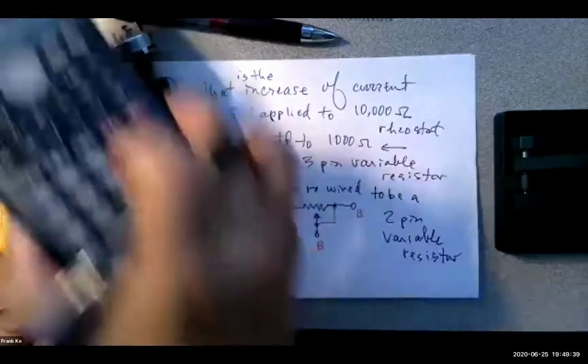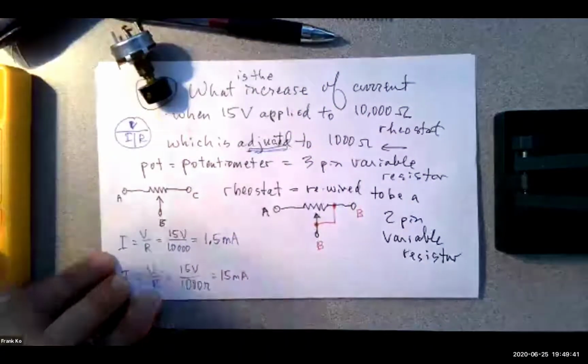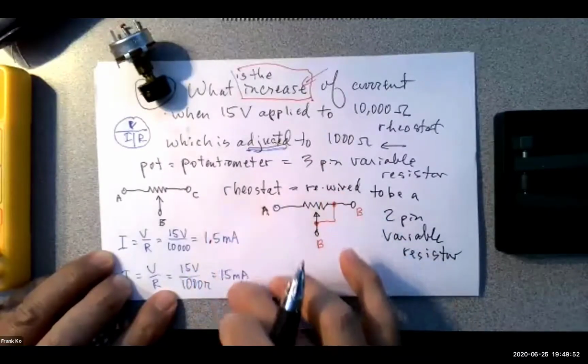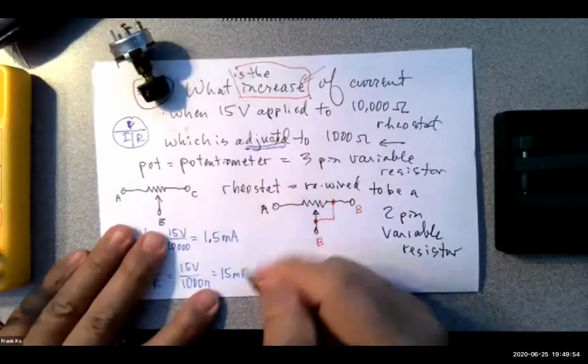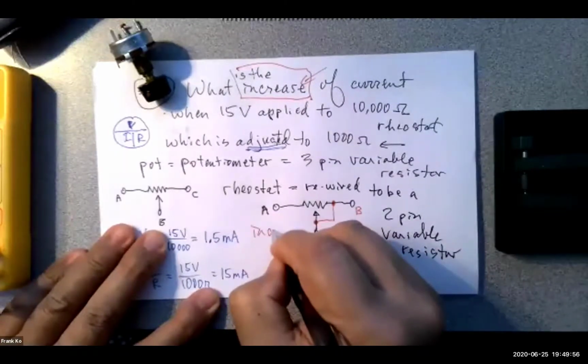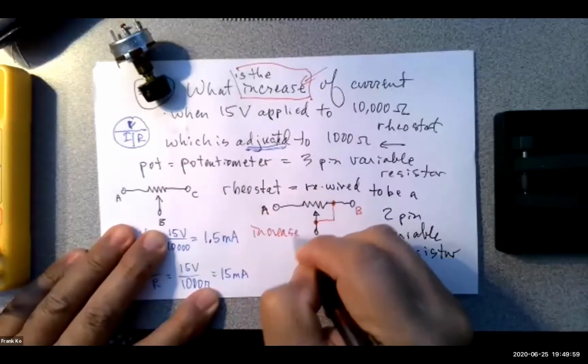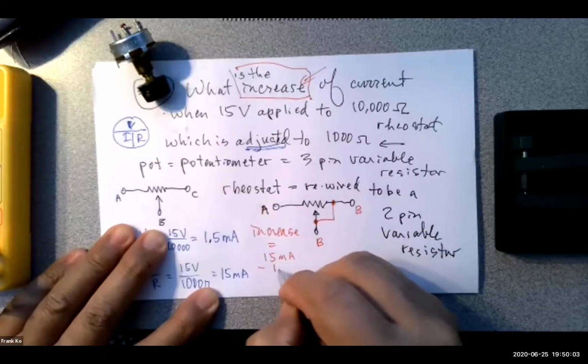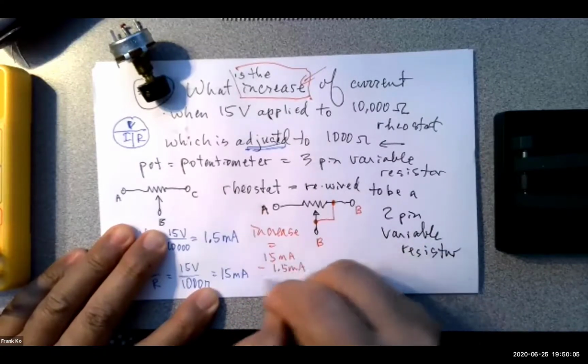And so the question here is not what either of these are. The question is, what is the increase? Was there an increase between where it started to where it is now? Yes. So the increase is equal to 15 milliamps minus the 1.5 milliamps that we started with.